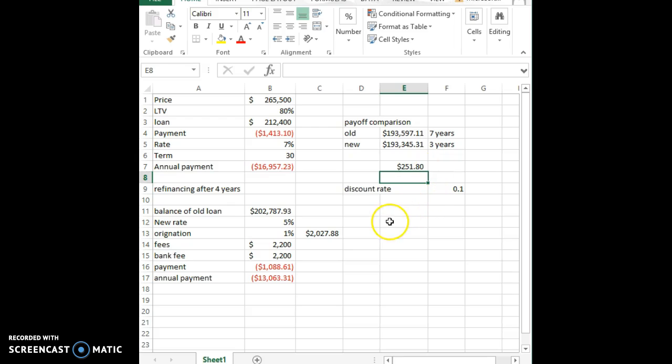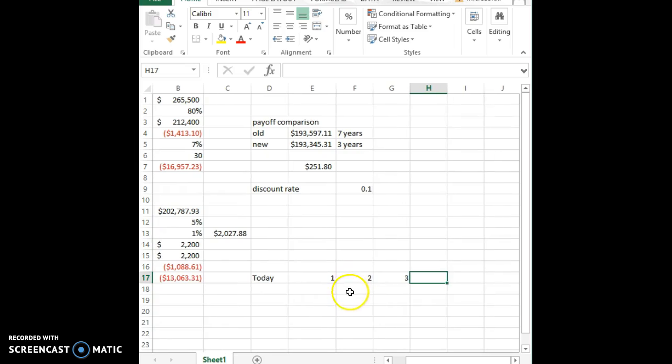Also, we have to subtract these two numbers so we know the difference. You should receive $251.80. Now, how much do we have to pay today, 1 year, 2 year, 3 year? This shows how much we have been saving over the past years. What we want to do is calculate all the fees.